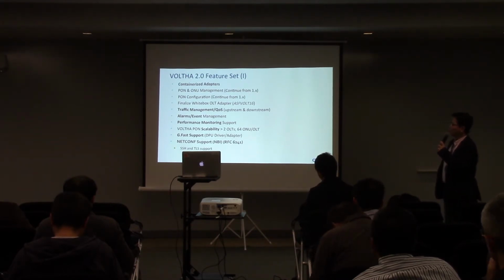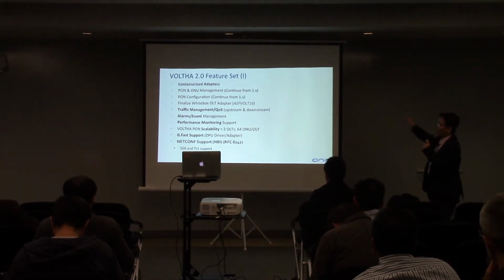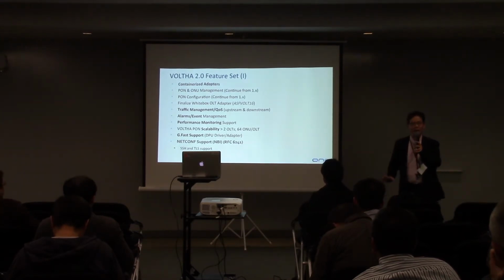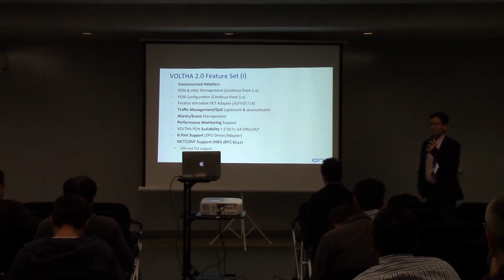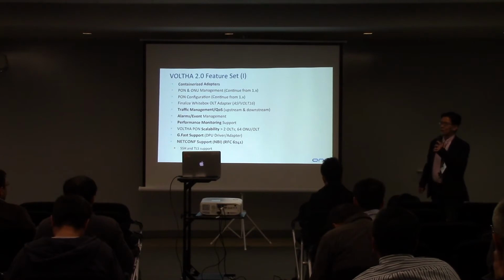PON and ONU management: right now we say continue from 1.x. It's very vague. So one of the action items AT&T, or the VOLTHA team, took back is to explain what has been delivered in 1.0, and then the rest of the work that needs to be done in VOLTHA 2.0, with the details as user stories.